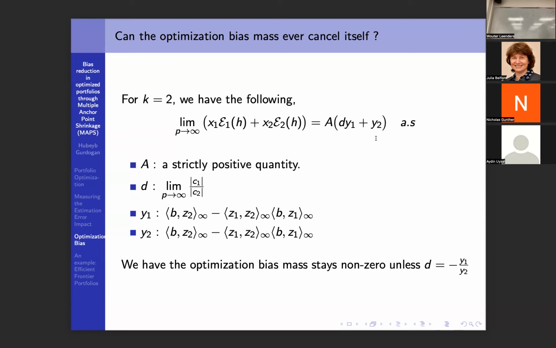Okay, we analyze for k equals 2, when we have two constraints. The optimization bias mask converges to that constant capital A times d y1 plus y2 almost surely, where A is a strictly positive quantity and d is the ratio of the norms of the constraints, and y1 and y2 are a function of the normalized version of those constraints and b.